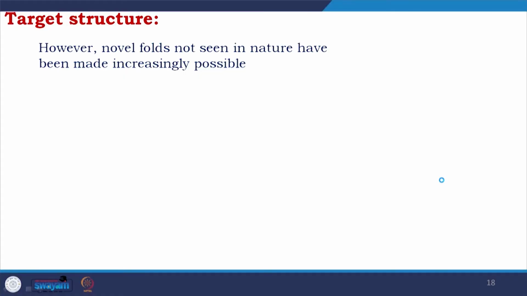However, novel folds not seen in nature have been made increasingly possible. So, more and more structures are coming, less and less new folds are available, as it is estimated now that nature has a limited number of folds.